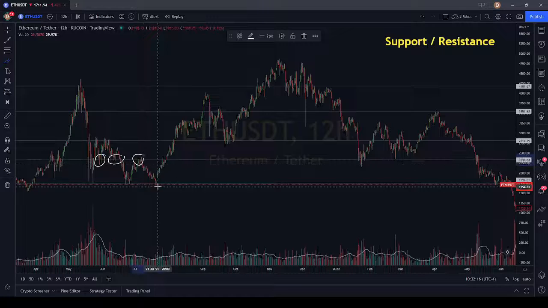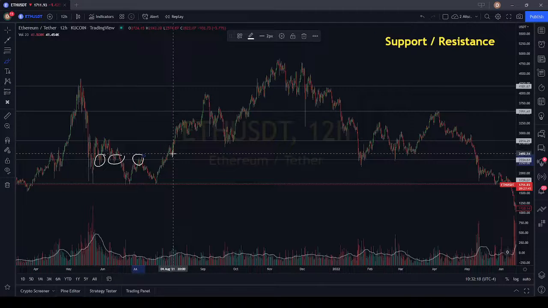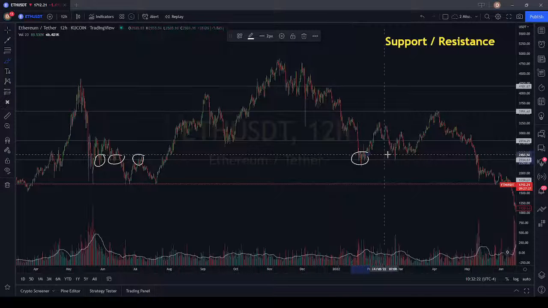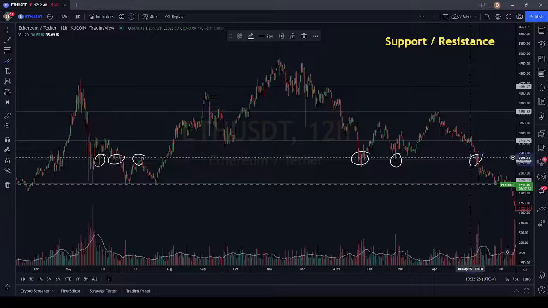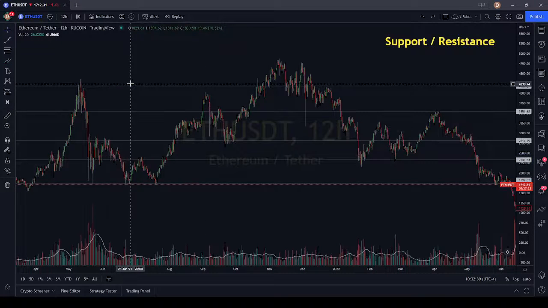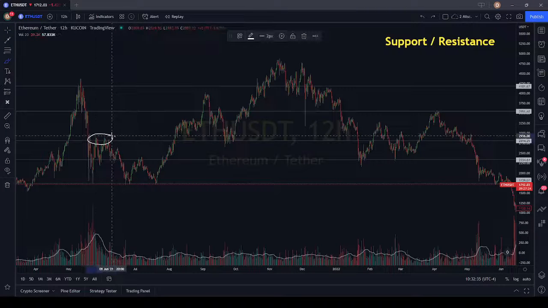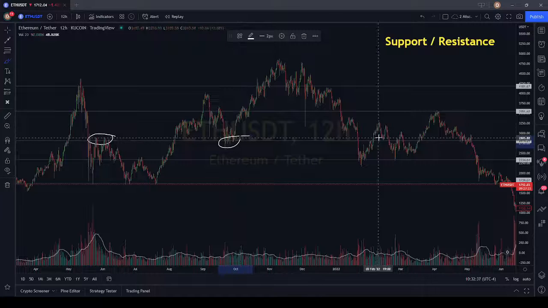This was resistance. And the second it got back on top of that line, it's now moving the other direction. And same thing's true here. This was support here, support here. It actually was support here. It just got sold off really quickly.